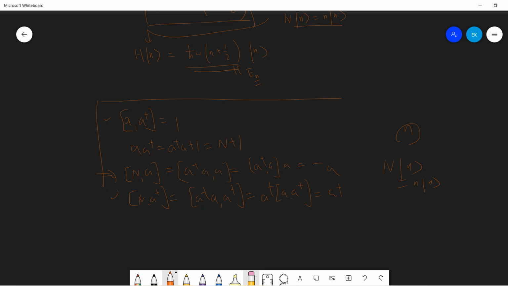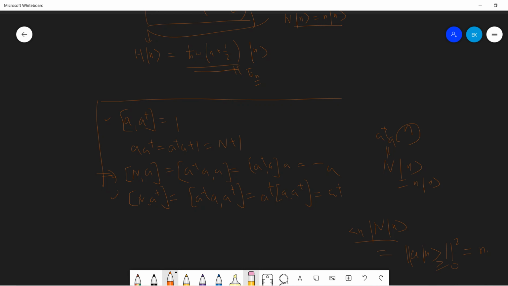But actually it must be positive, and the reason is that this n is a Dagger a, right? So if you do this, then you get the norm squared, which is exactly n, right? So it must be greater or equal to 0 by the inner product space. Okay, so I think this is the quick summary of how to use the algebraic equations to get our answer.